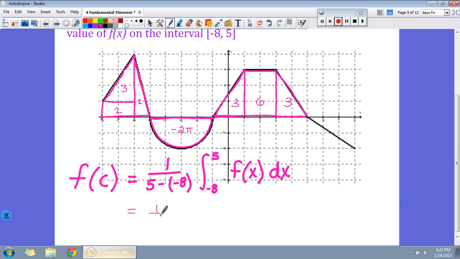So this equals 1/13 times 2 plus 3 plus 2 minus 2 pi plus 12. I wouldn't actually plug this into the calculator. I would just leave your average value answer either in this format or this format.